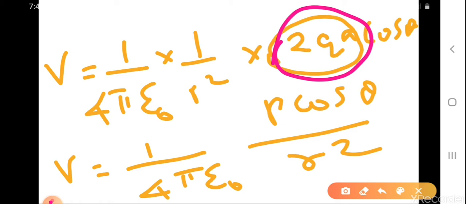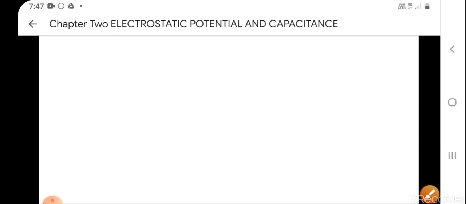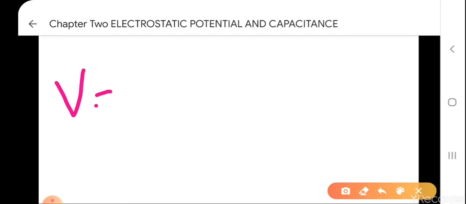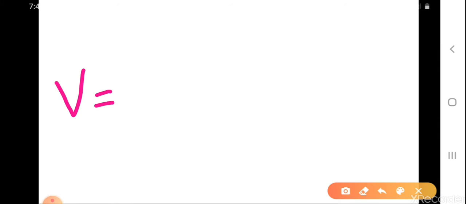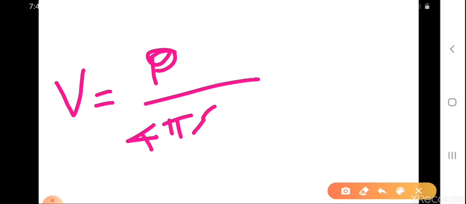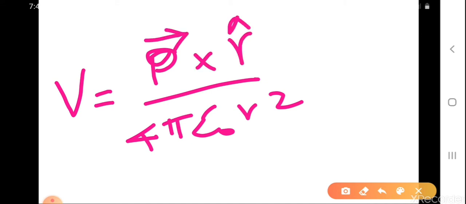Okay. Now, the final equation is V is equal to P by 4 pi epsilon naught into r square. This P is the vector. When we write, it will become P into r cap by 4 pi epsilon naught r square, we can say.